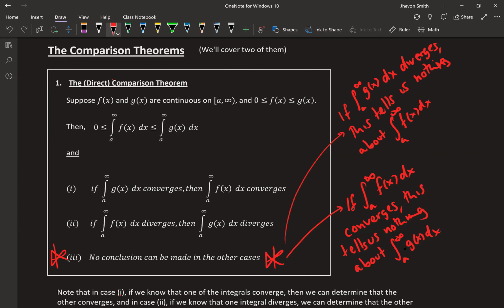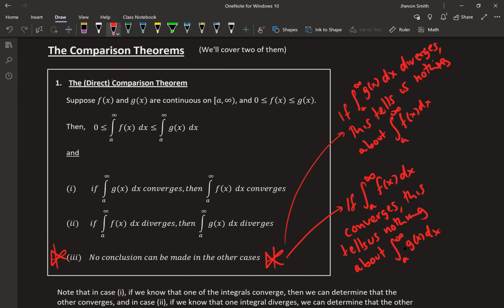Okay. And we can take a quick second to think about why that must be true. Let's say the smaller one converges. Then whether or not the upper integral diverges or converges, you'd be none the wiser. G could go off to infinity and the inequality would still hold. G could also stop at some number bigger than f and the inequality would still hold. The inequality is going to hold in either case. I don't know which one I'm actually in.